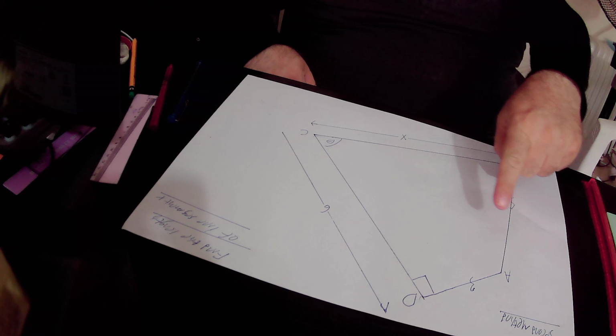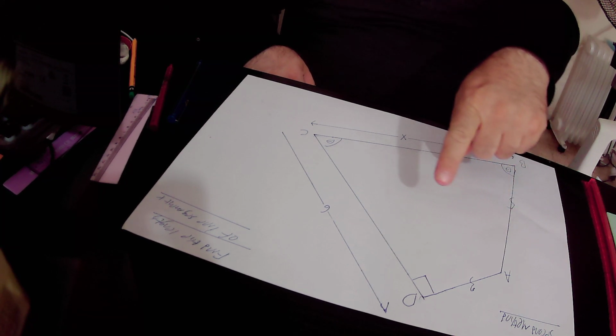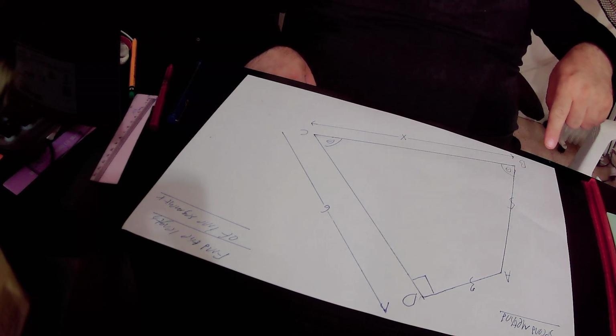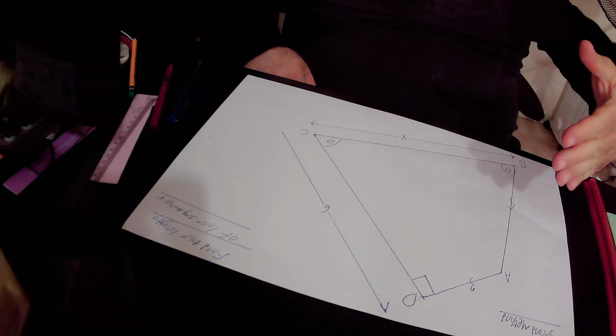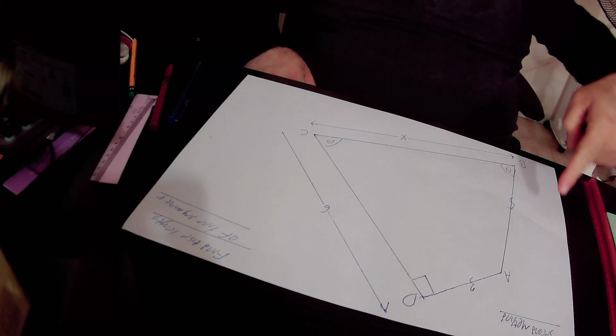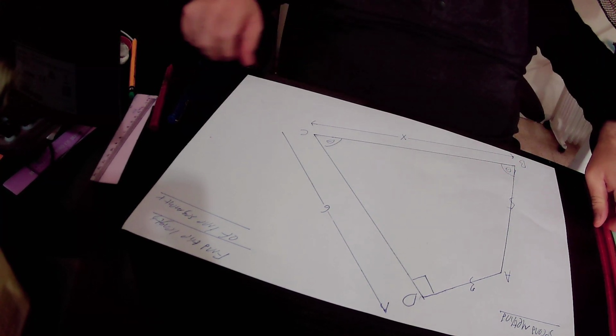From point E, we will draw a straight line in such a way that the straight line that we will draw will be parallel to BC.